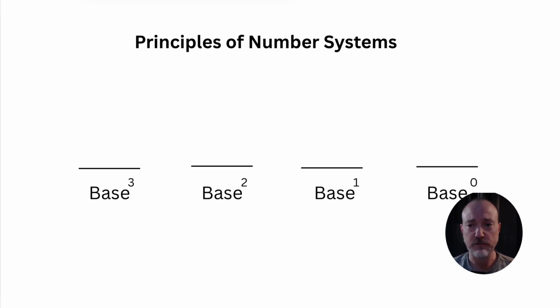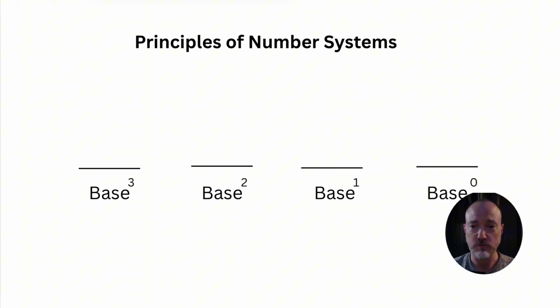The base also means that when we calculate the place value, and this is going to get a little math here, that base is raised to the exponent, and that tells us what the place value is for each of those characters. So when we start all the way to the right, that very first place value is the base raised to the power of 0.